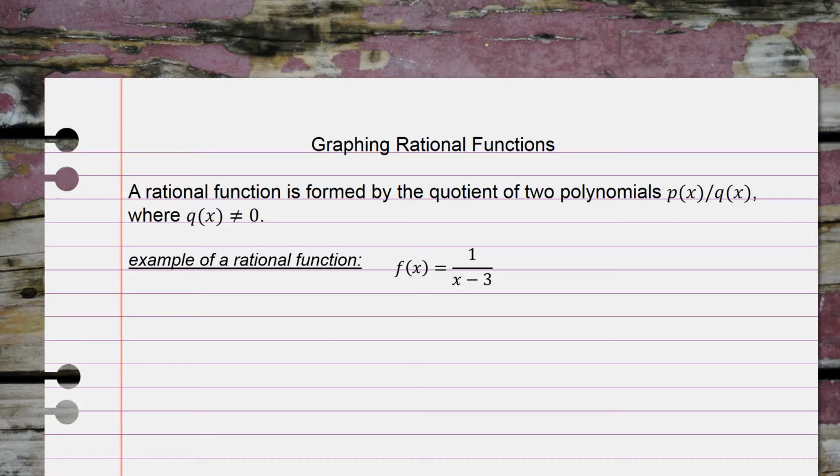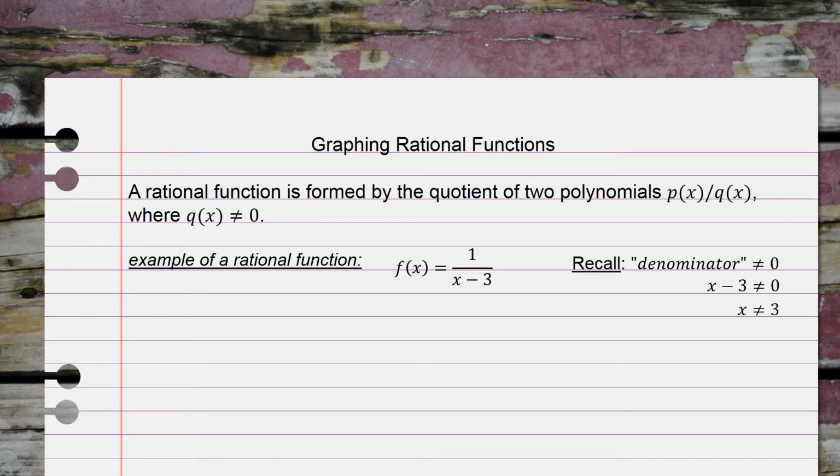Now recall, whenever we have rational functions or fractions, the denominator cannot equal 0. In this case, our denominator happens to be x minus 3. So x minus 3 cannot equal 0, and if we solve for x, we find out x cannot equal 3.